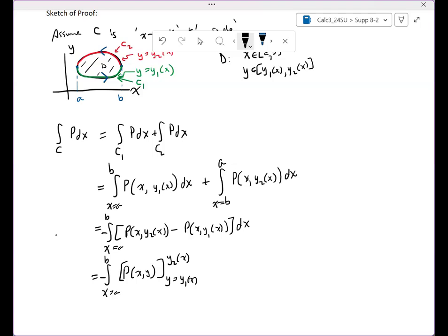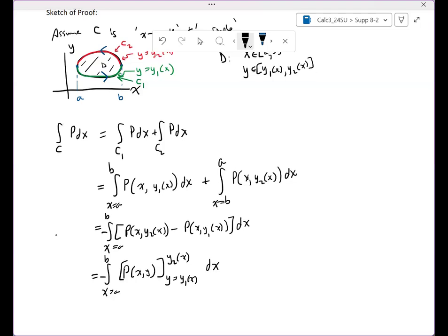This would just be evaluating P of x, y with y going from y1 to y2, dx. But this inside piece, this integrand, looks awfully a lot like the result of an integral coming out of the fundamental theorem of calculus, just a function evaluated at two endpoints.